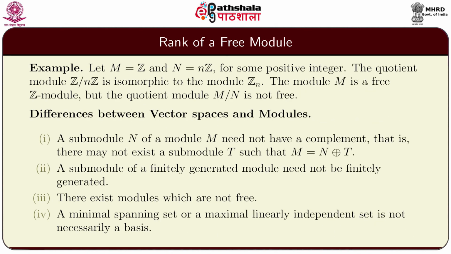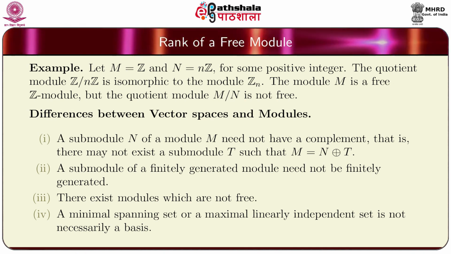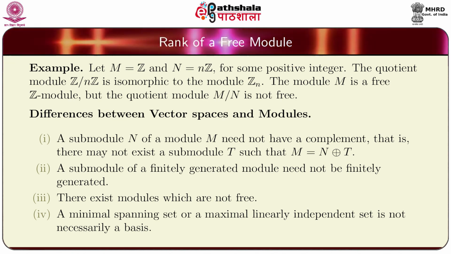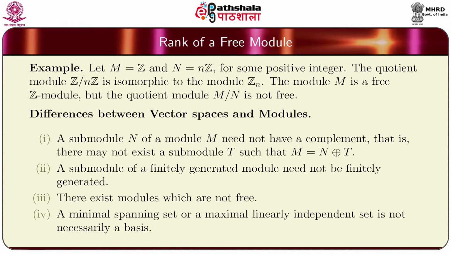Example, take M to be the Z module Z and N the submodule nZ for some positive integer n. Then the quotient module M quotient N, which is Z quotient nZ, is in fact isomorphic to the module Z_n. The module M is of course a free Z module, but not the quotient, because we know that the module Z_n has only torsion elements and therefore it cannot be free.